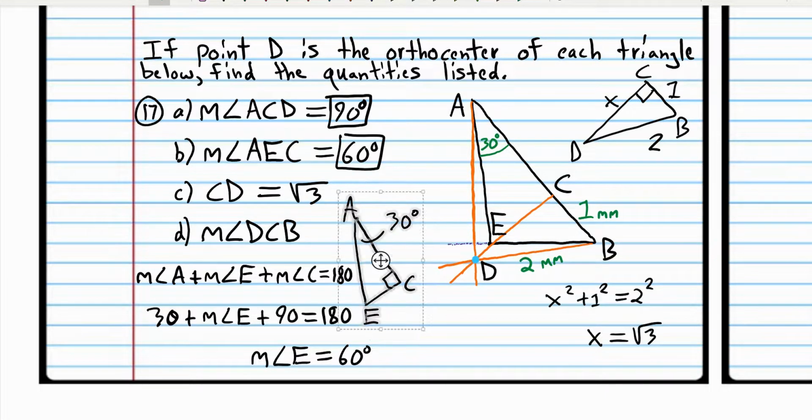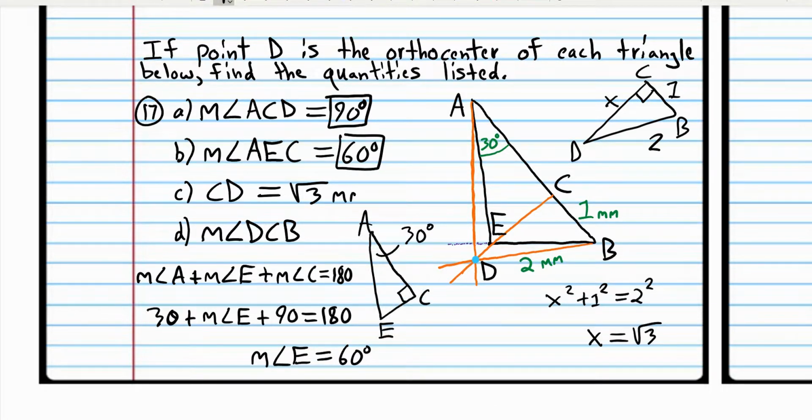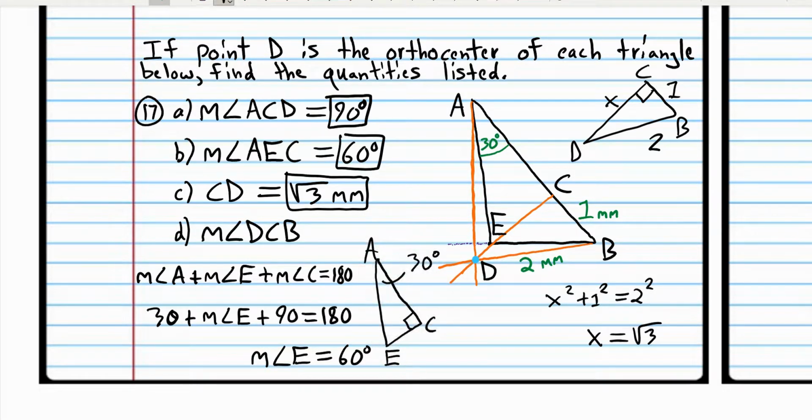Let me move this over a little bit. So that is millimeters, and rectangle that answer. Now the measure of angle DCB, that's this angle here, which we already talked about. That is 90 degrees.